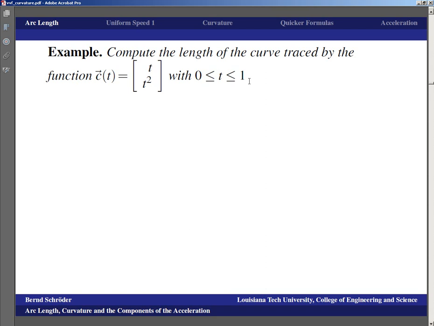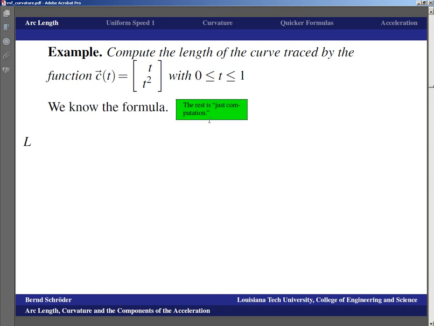And that should be something that we recognize as a standard parametrization. This is nothing else but y equals x squared. It's a standard parabola between 0 and 1. And so we just want to know the length of a parabola, which is a fairly simple object, from 0 to 1. All right, we know the formula.